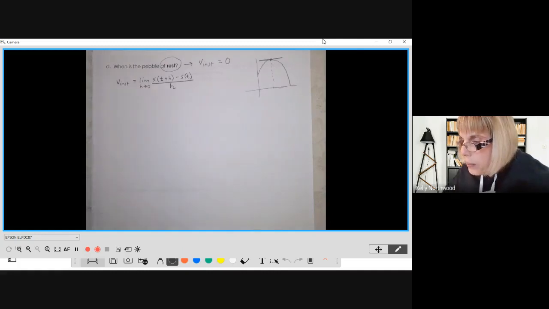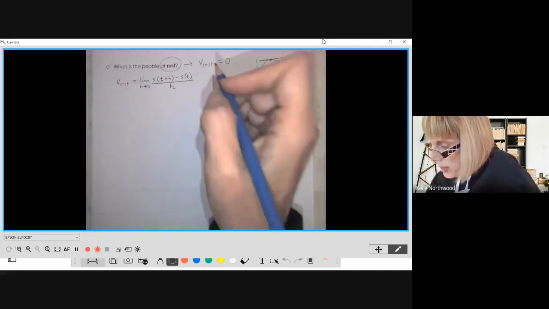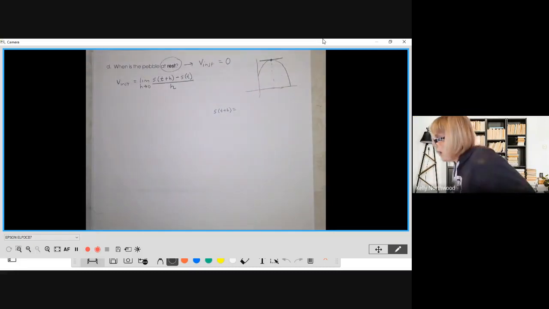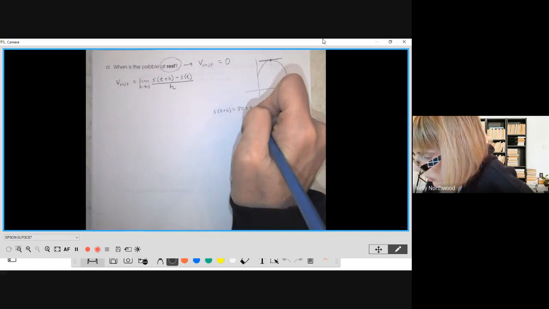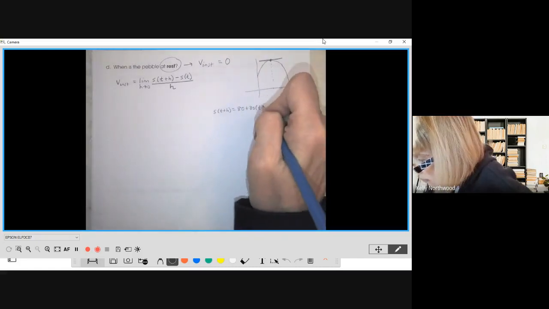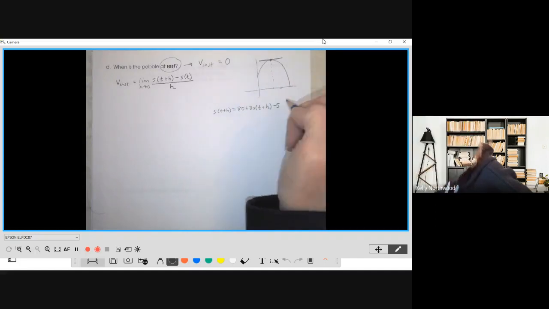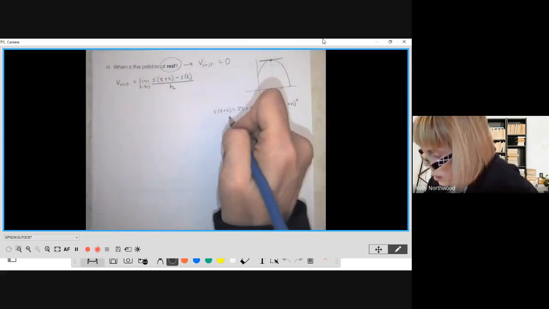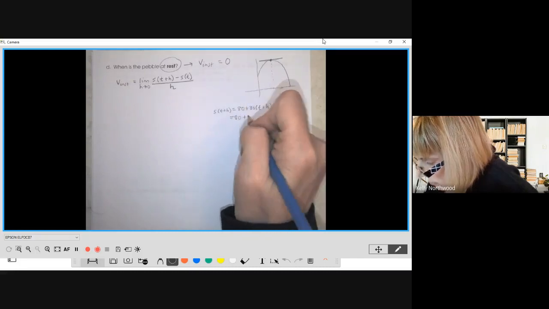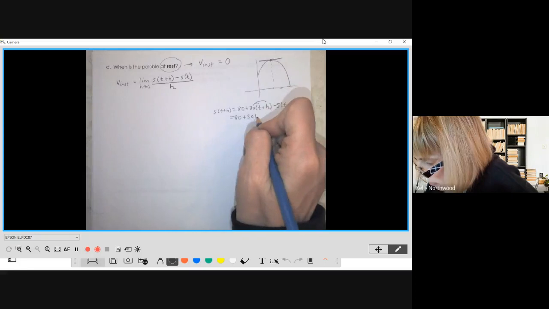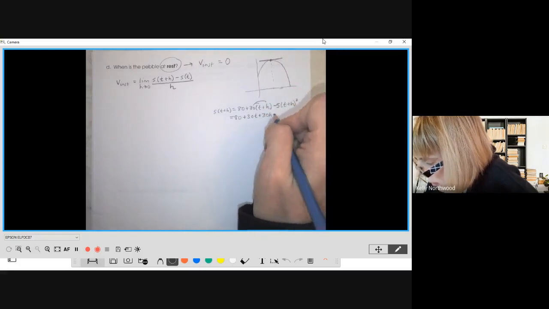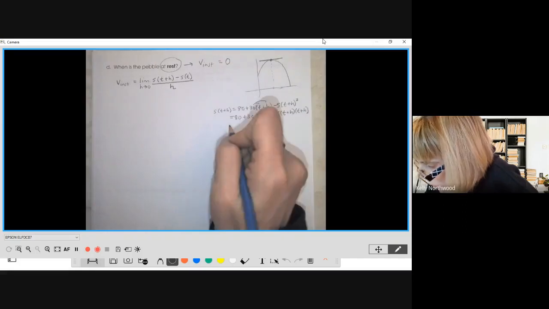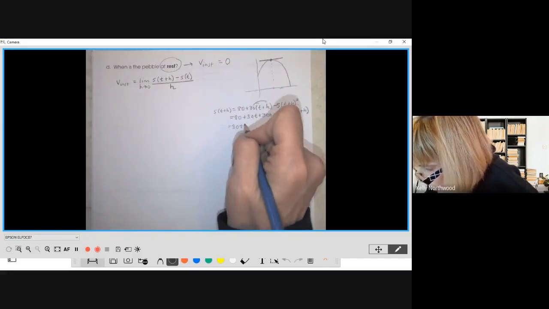And then I'm going to go and find s at t plus h using that defining equation again. So s at t plus h is going to be 80 plus 30 times t plus h minus 5 times t plus h squared. And then I want to simplify that out. I'm going to write the t plus h out twice here to make sure everybody's got how to get this.